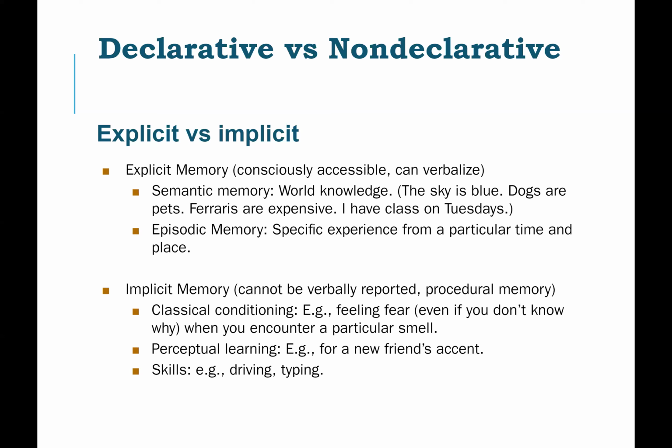Picking up on someone's accent is a form of procedural, perceptual learning. It's a form of implicit memory. You cannot verbalize what happened in that process, but after a few hours of exposure, your sensory modalities and your perception become tuned to that specific accent, and you can understand what they're saying.